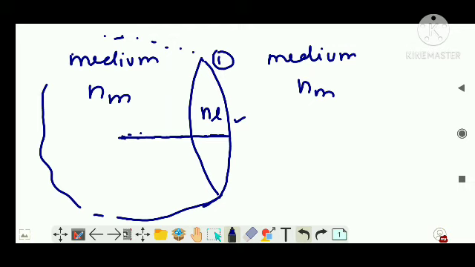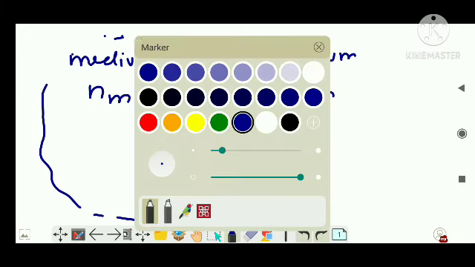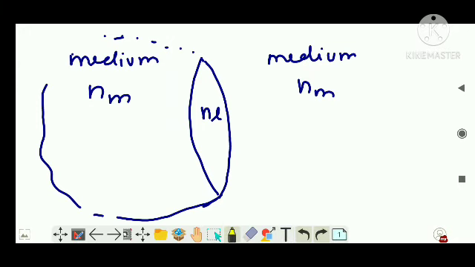Usually the incident rays come like this, right? Let's say this is the extended version of this surface. Now let's say all the incident rays are coming from here, so this becomes the first surface and this becomes the second surface.